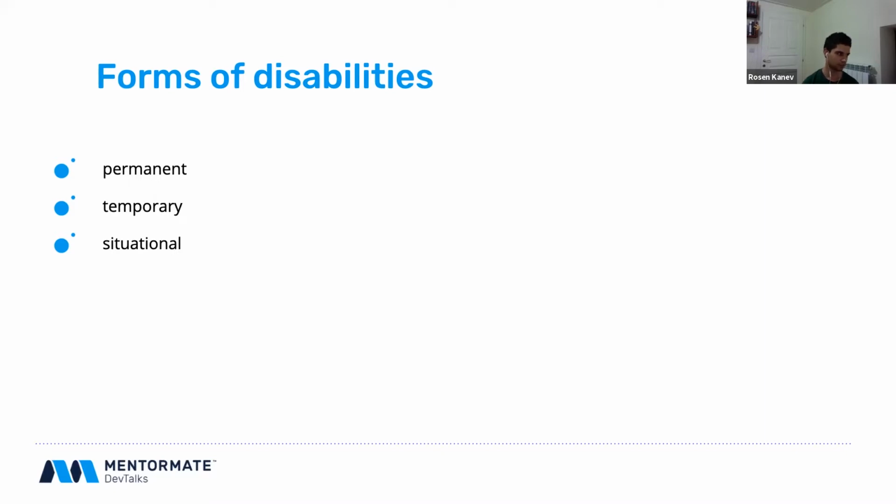Permanent is the type of disability that you most often imagine when we're talking about disabilities. It could be motor impairments, it could be visual impairments, and it doesn't have to be users that are completely blind.